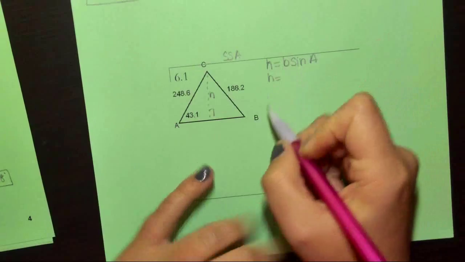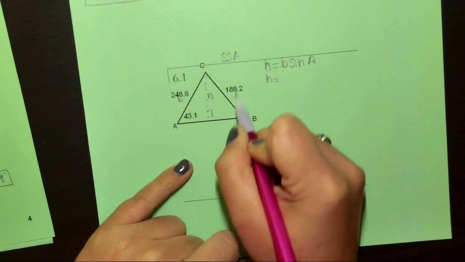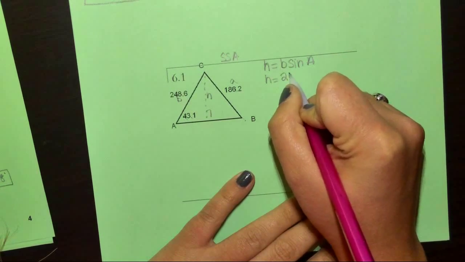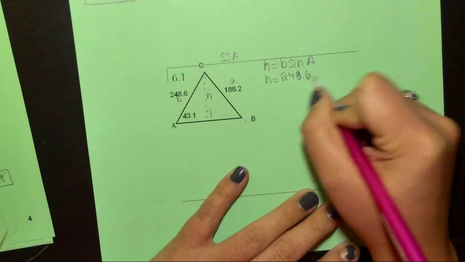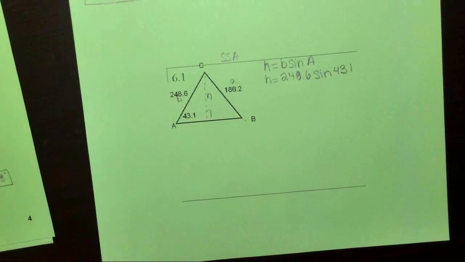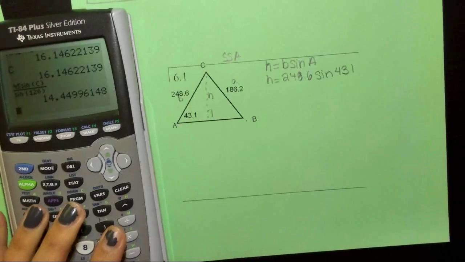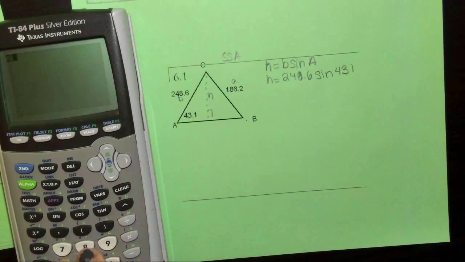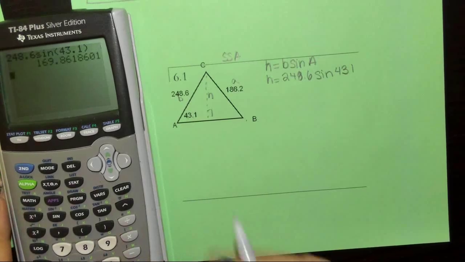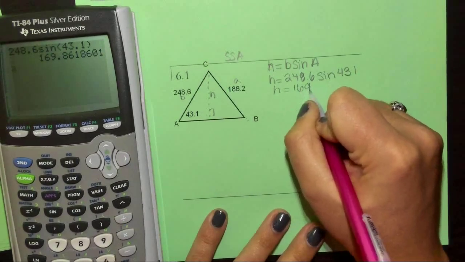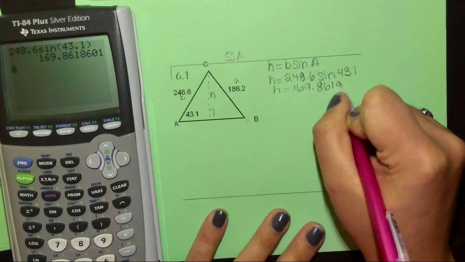So this is side B because it's across from angle B, side A because it's across from angle A. So it's going to have 248.6 times the sine of 43.1. Okay. Our height is 169.8619.